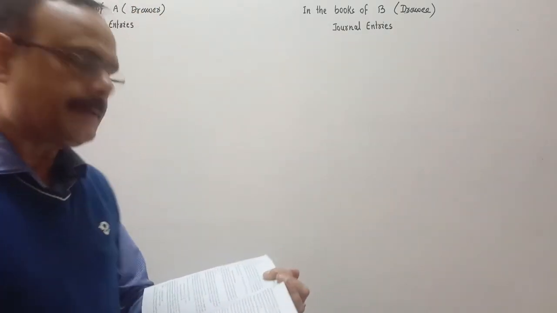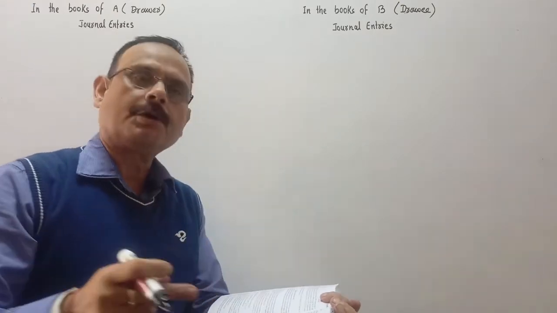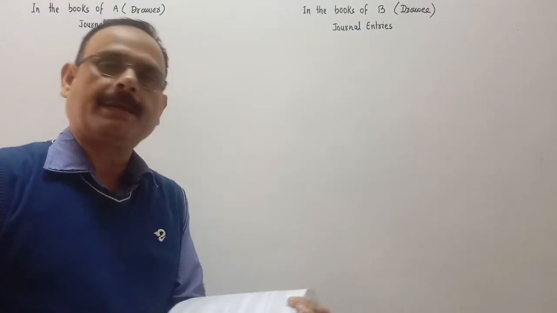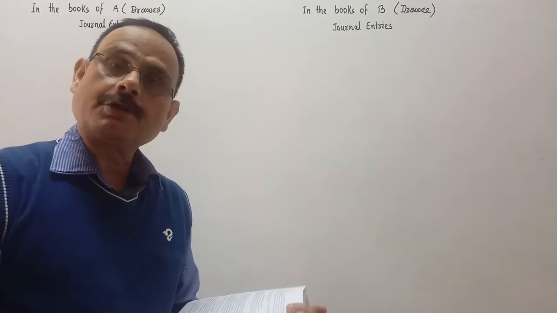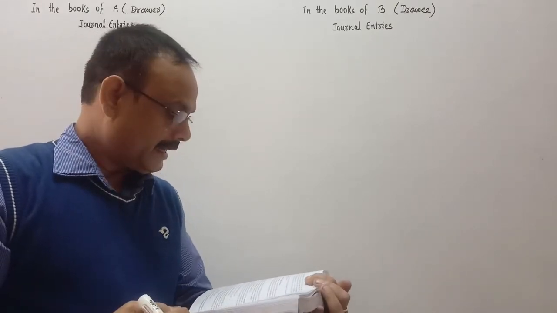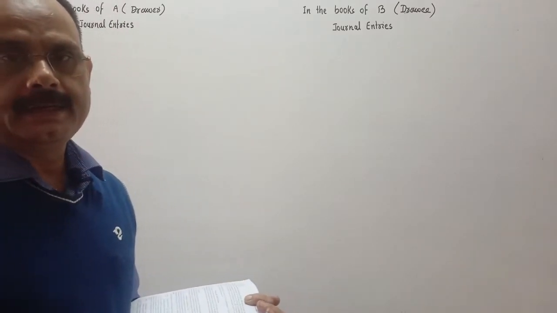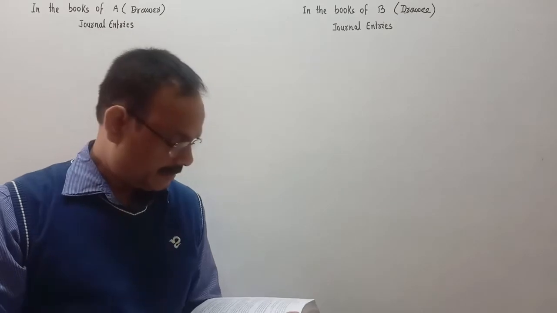On 1st April 2016, B accepted a bill drawn by A at 3 months for rupees 8,000 in payment of debt. On the due date, the acceptance is dishonored and A gets the bill noted, paying rupees 100.